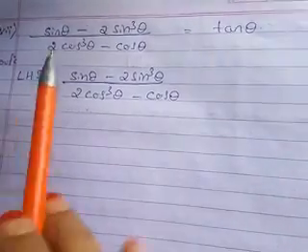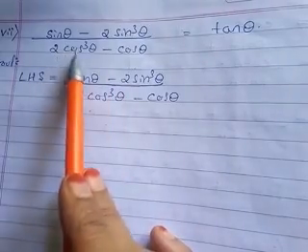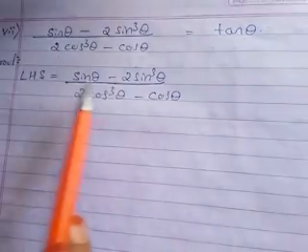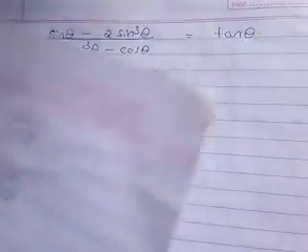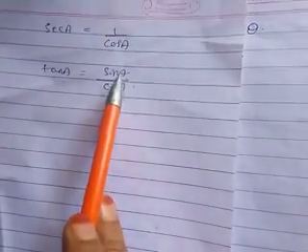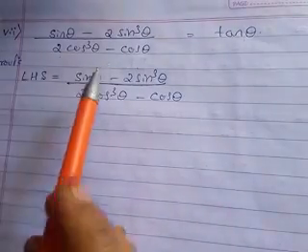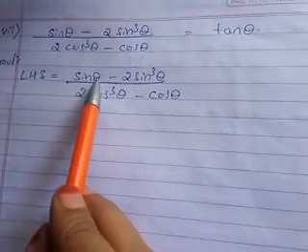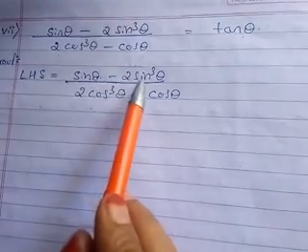Question number 7. (Sin theta minus 2 sin cube theta) divided by (2 cos cube theta minus cos theta) equal to tan theta. LHS is this much. In RHS, tan theta means sin theta by cos theta. Here we can bring out sin theta.